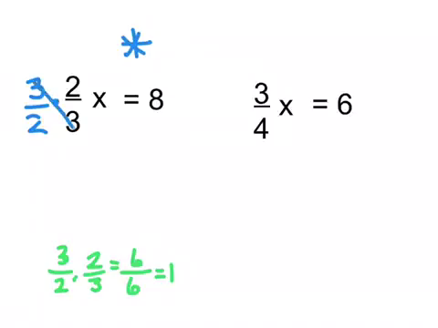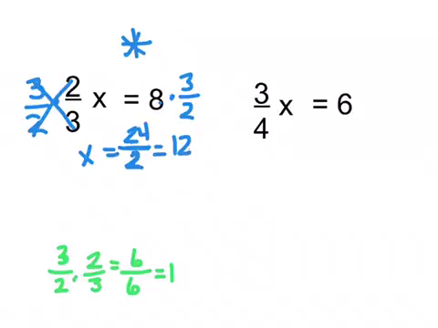So up here, these are going to cancel out, leaving me with only x. Remember, I'm going to multiply on this side as well by 3 over 2. So I take 8 times 3, which is 24, over 2. And when I divide 24 divided by 2, I am left with x equals 12.